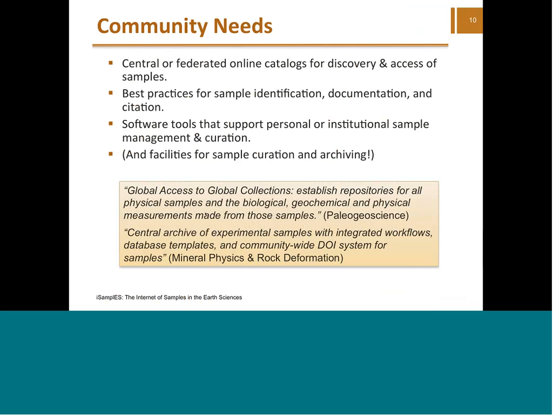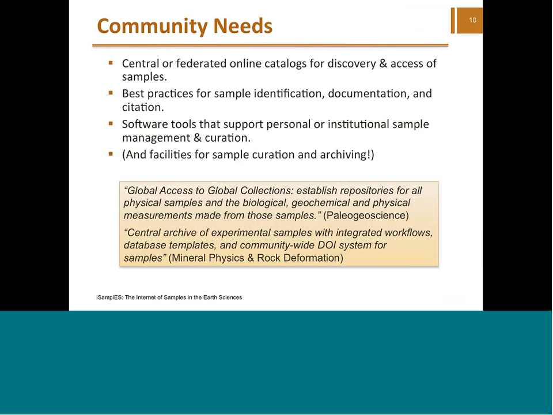The needs have been expressed, and here in the yellow box are two citations from executive summaries of EarthCube domain end user workshops: that the community needs online catalogs, either federated or in some way centralized, to be able to discover and access samples.